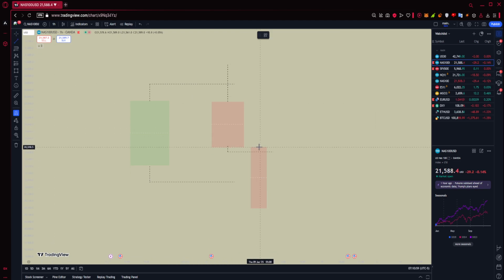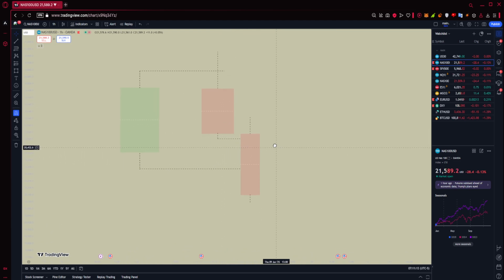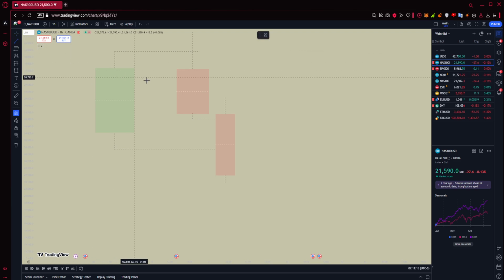We have a small wick here. Just a little bigger there. And another wick here. We can see that we closed below previous day's lows right here. We closed with a body. So where is our next draw on liquidity? Down here.